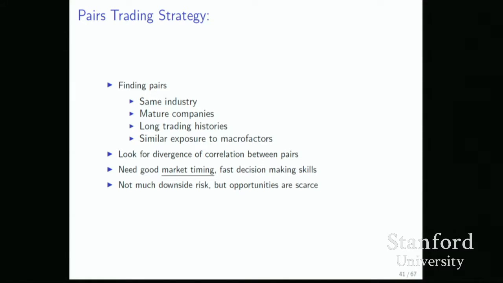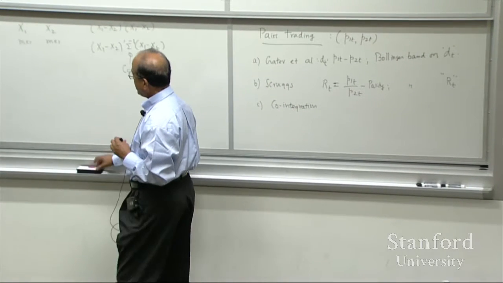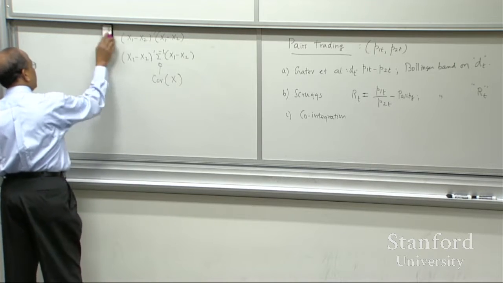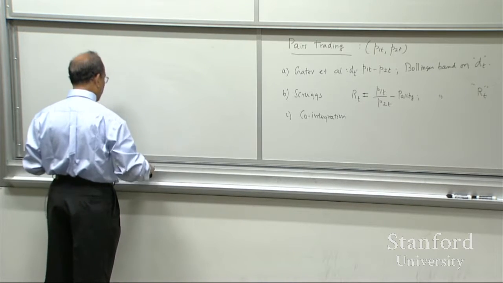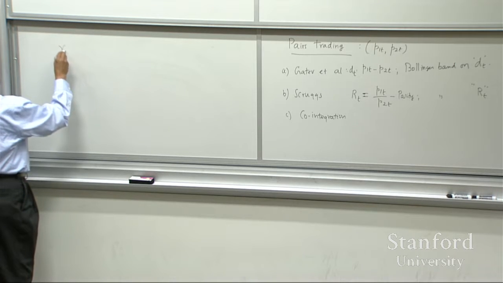One of the things I want to mention here is finding pairs. There are a couple of ideas you can think about. One is using asset pricing theory to see if you can find stocks that are closer to each other. People have looked at asset pricing models to see how the stocks are related to the market, and then use that information to group the data.